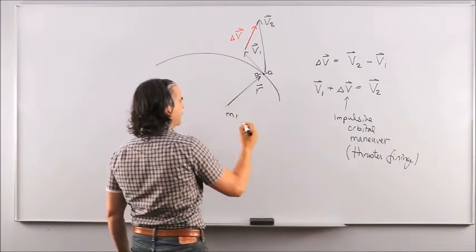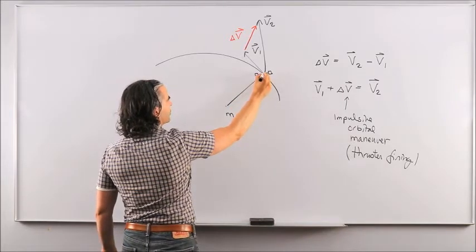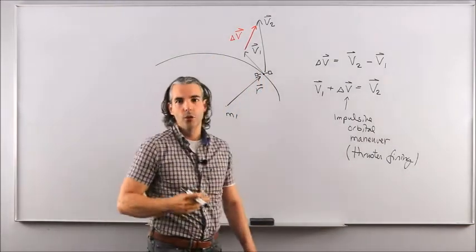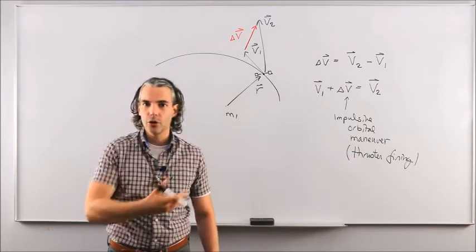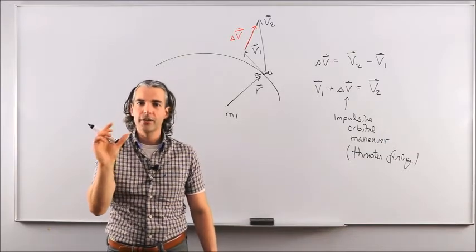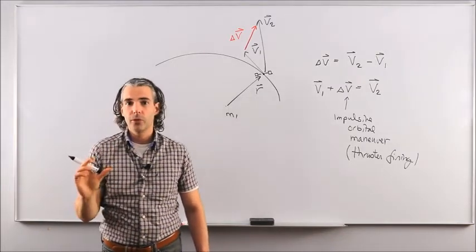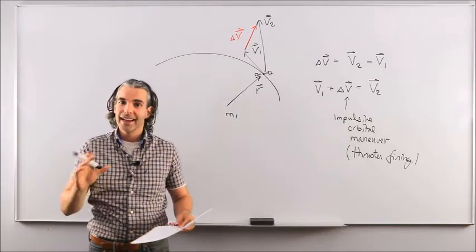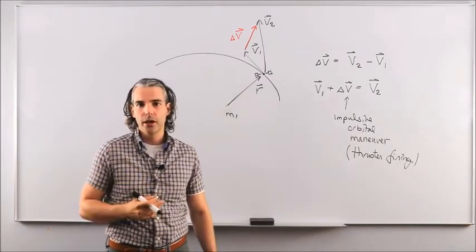If you compare the time the thrusters were open to one orbital period, which in LEO we think of as about an hour and a half, that short amount of time is quite small, and this is why the impulsive assumption holds well in practice.